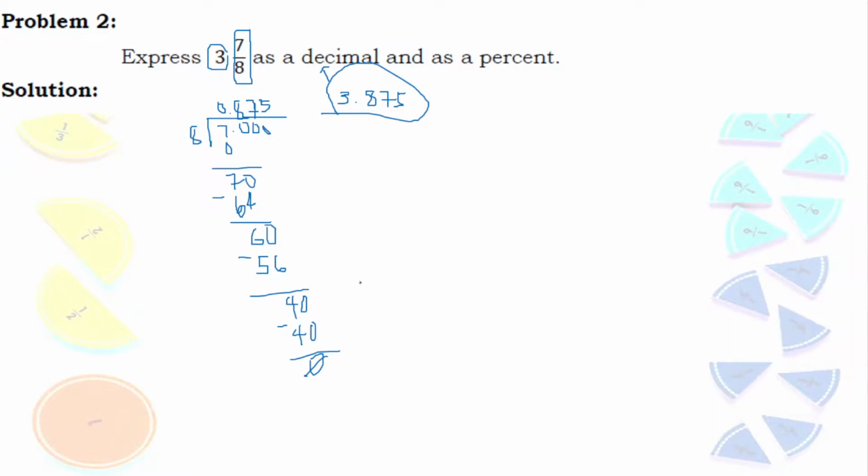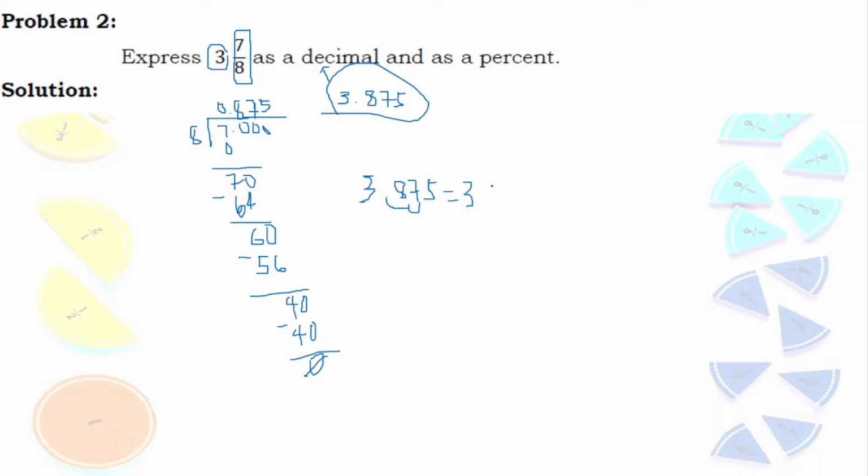Okay? So now, after getting the decimal, we will get the percent. So 3.875. Just move again 2 places from left to right. 1, 2, and put the percent symbol.